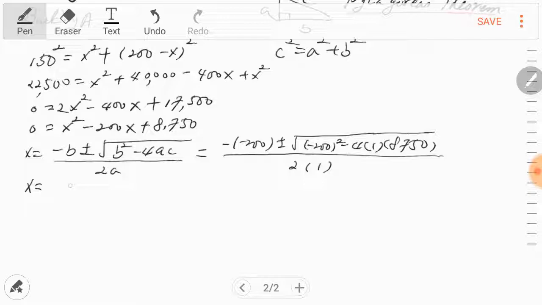Then, positive 200 plus or minus the square root of 5,000 over 2.